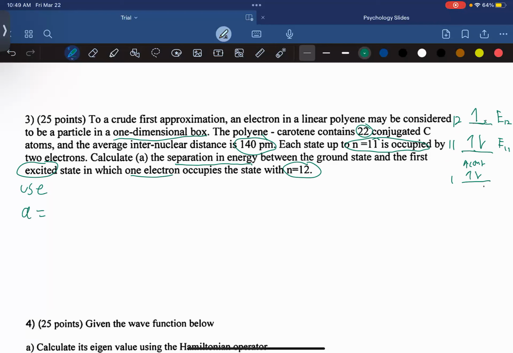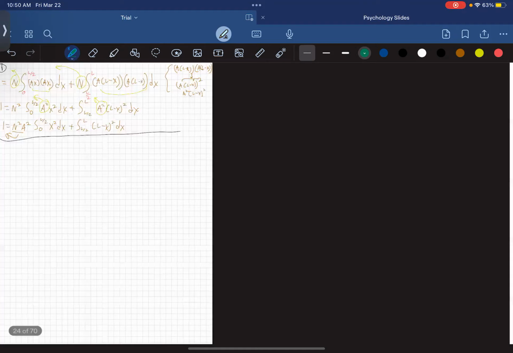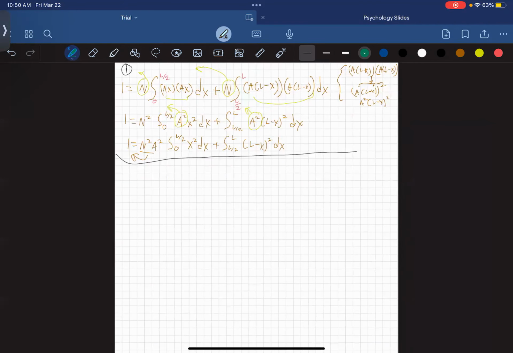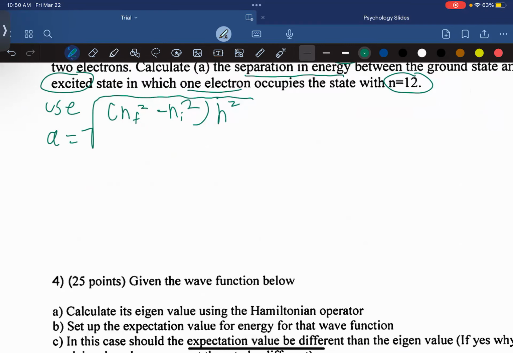A is equal to the square root of nf squared minus ni squared, I'll keep the notation the same between the two, and then h squared. H should just be a constant. Oh, right. The reason we were able to take out a here is because it was a constant. Although you guys probably knew that.